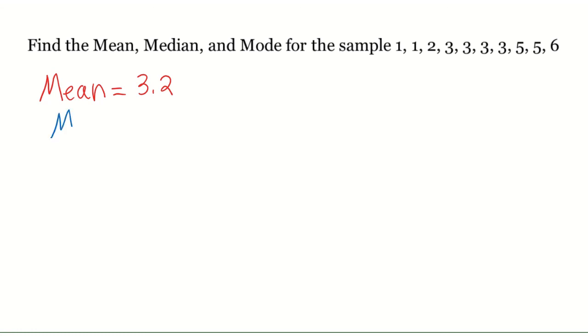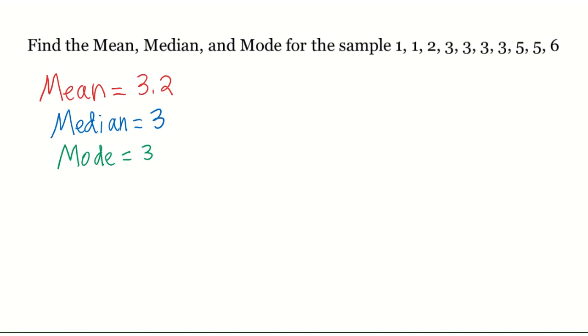For the median, we got a value of 3, and this is the middle data point. And the third thing that we got was the mode, and this was also a 3, and this was just the data point that repeated the most.